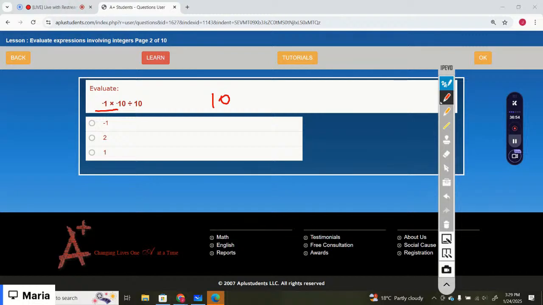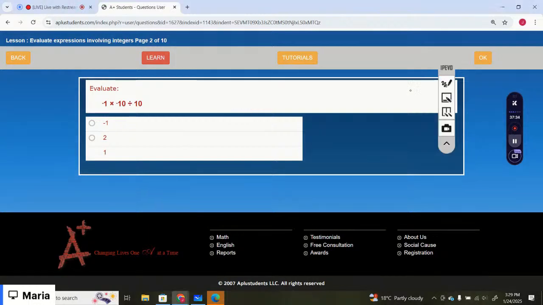And now you have to do 10 divided by 10. So which is the correct option? That is 1. Option number 3 is the correct option.